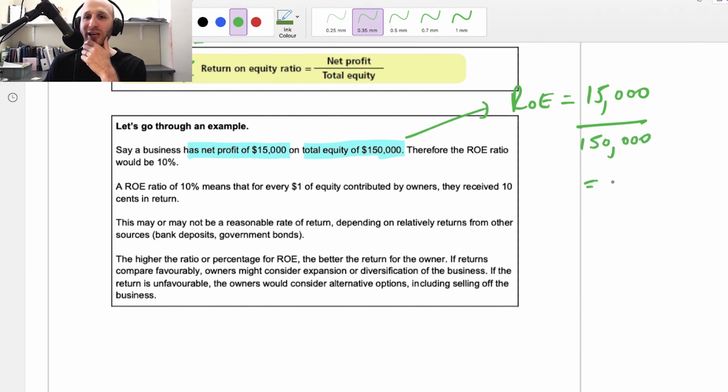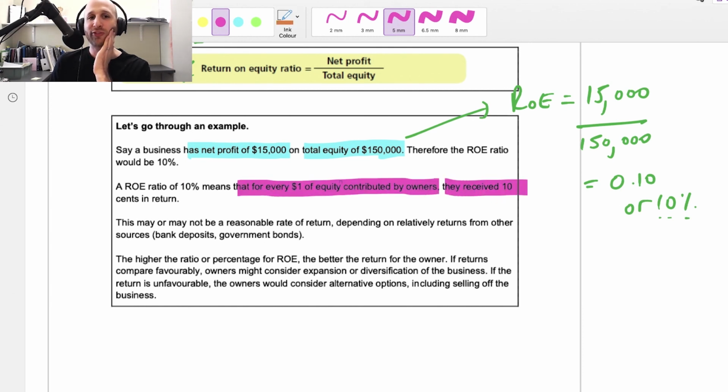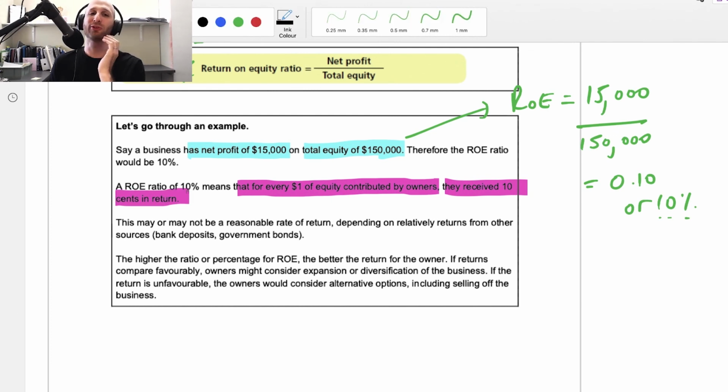So what this would be is that this would equal 0.1 or 10%. So what this means is that for every $1 of equity contributed by owners, they received 10 cents in return. So a 10% return.